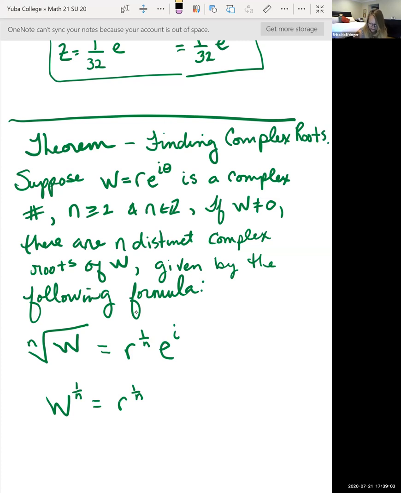Now this is where we have to be a little bit careful. It's i times 1 over n, all times theta plus 2 pi k.